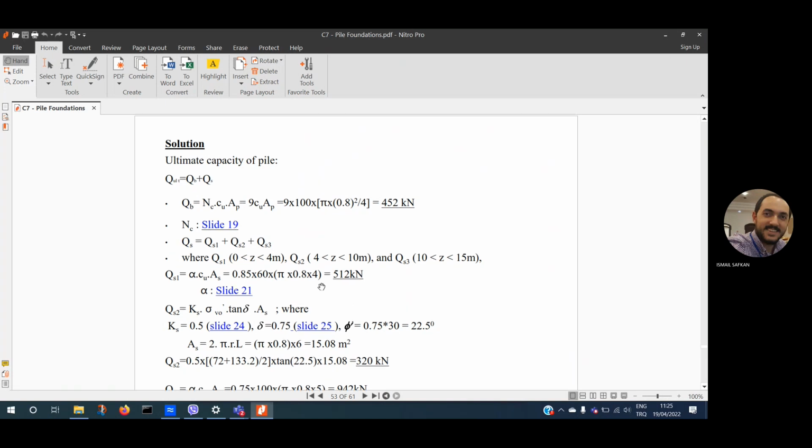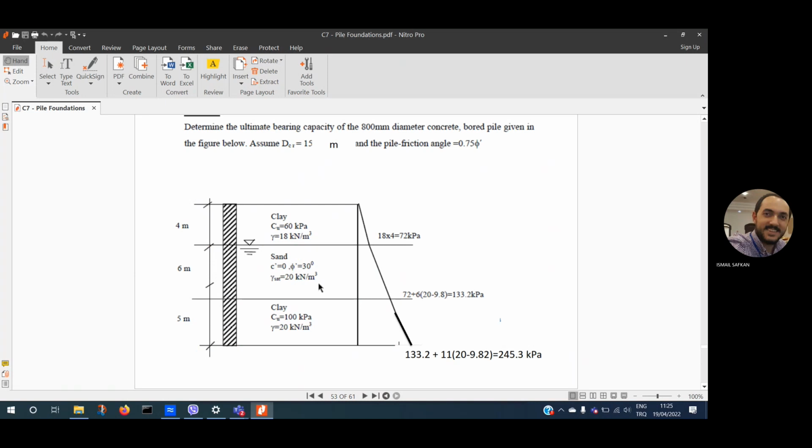Let me go back and draw it there. We have a quantity there, 72. We have a quantity there, that's 133. We will take the average of this value. How?